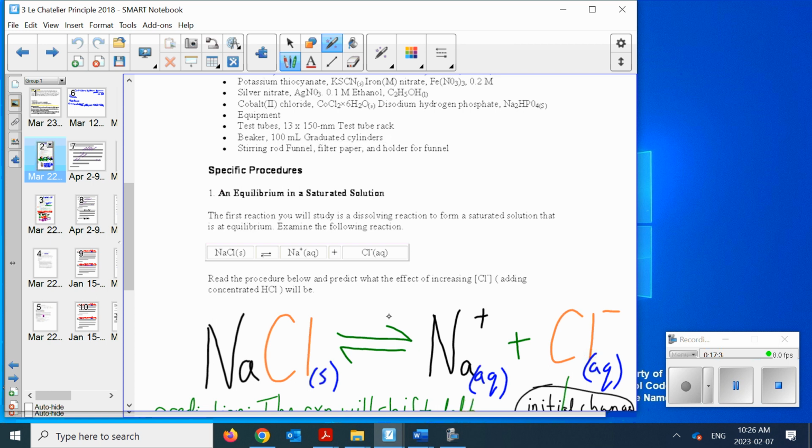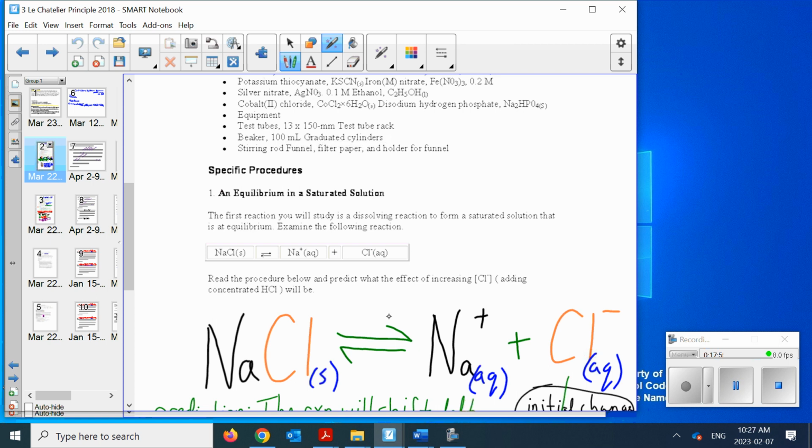Now, the way we're going to add the Cl, though, is you can't just get a jar of chloride ions, so we're going to add it from HCl, hydrochloric acid. And it's going to be really strong. This is why I'm not going to do it. Now, I wear glasses, so I don't need safety.